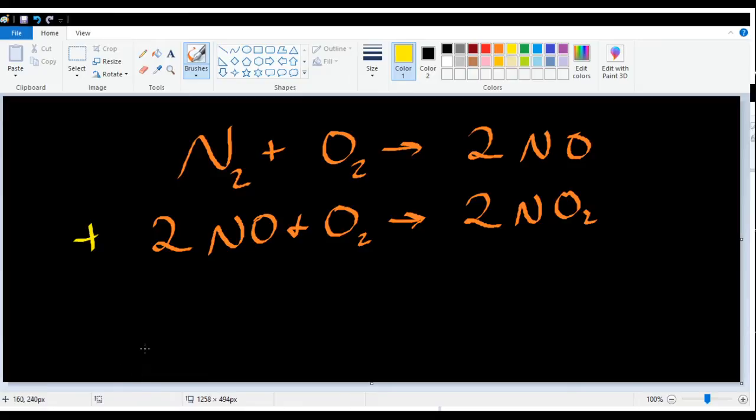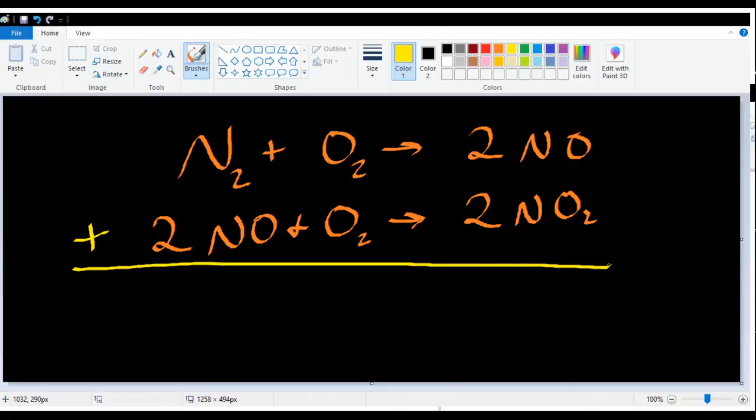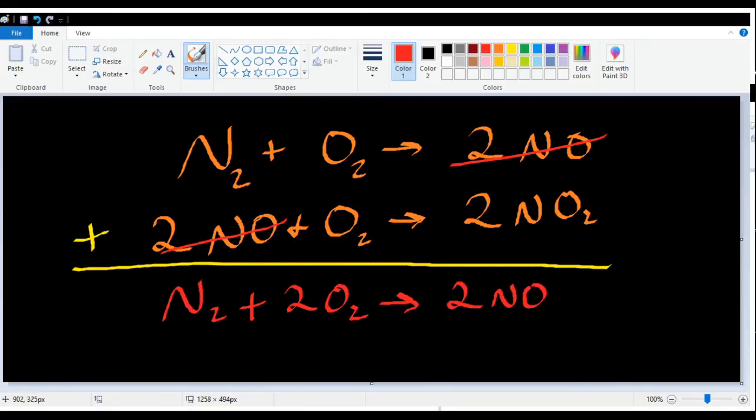And when you add our two reactions together, anything on either side of the arrow is going to cancel out. Our 2 nitric oxides will disappear, leaving us with nitrogen plus 2 oxygen yields 2 nitrogen dioxide. So adding those two reactions together gives us the reaction we're looking for.